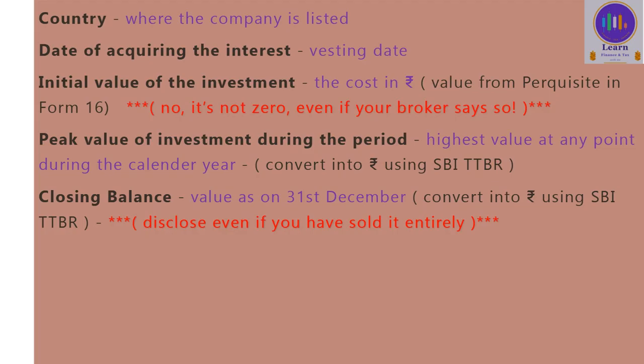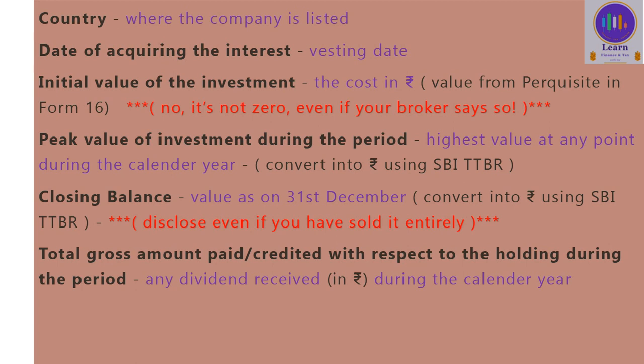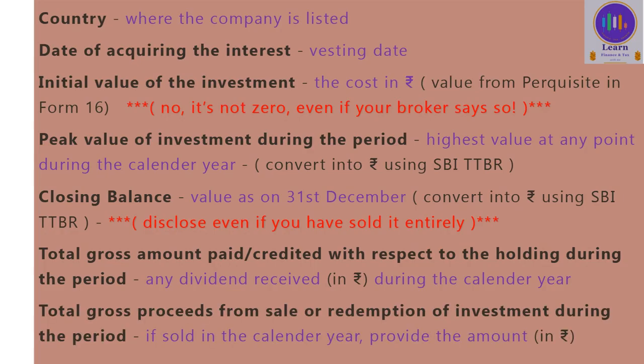Then the total gross amount paid or credited with respect to holding during the period is the dividend or interest received during the year, mostly dividend from the equity. Then total gross proceeds from sale or redemption is the sale value if you have made any sale.